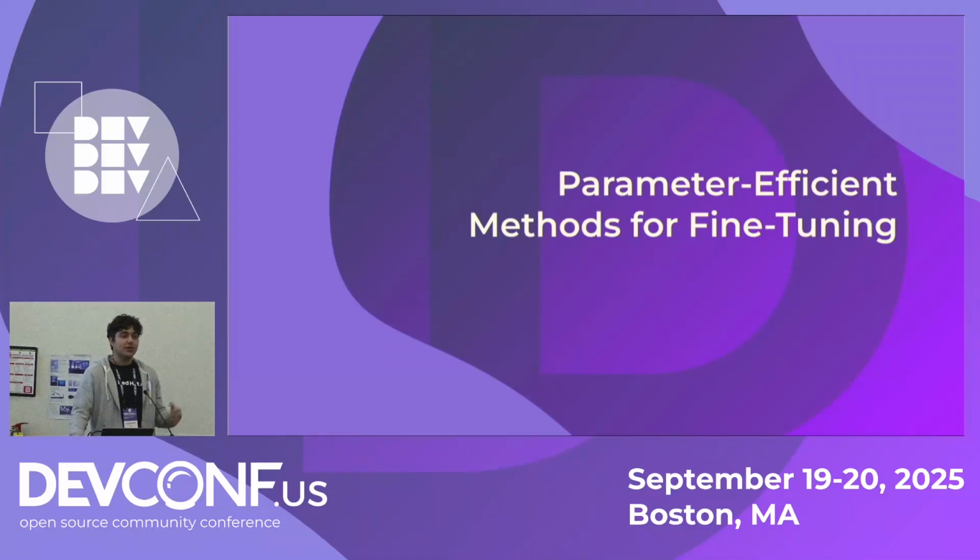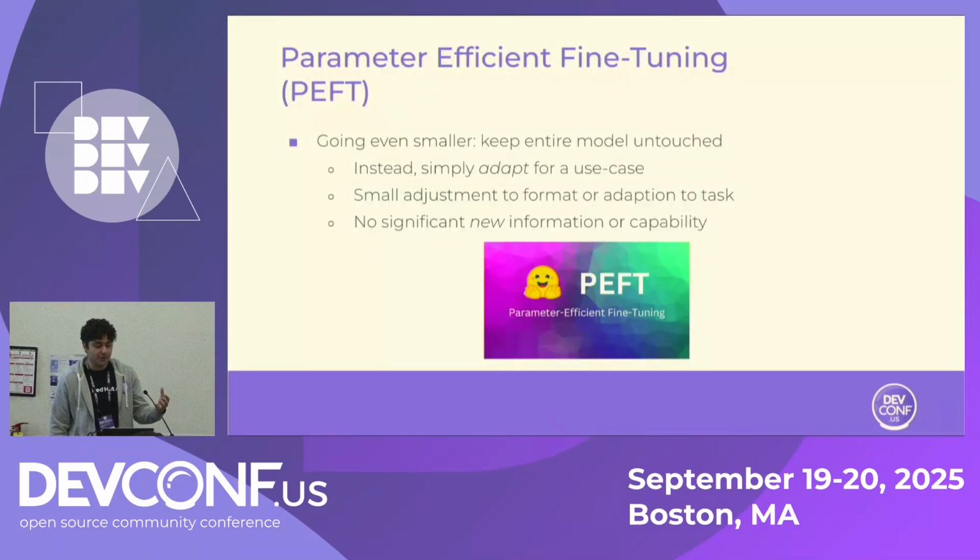Now, what we just talked about was a parameter-efficient method for fine-tuning. Now I want to go a step further into other classical popular parameter-efficient methods if you want to go really small with your memory footprint. So let's say we actually want to keep our entire model untouched. Instead, all we want to do is adapt the model slightly for a given use case.